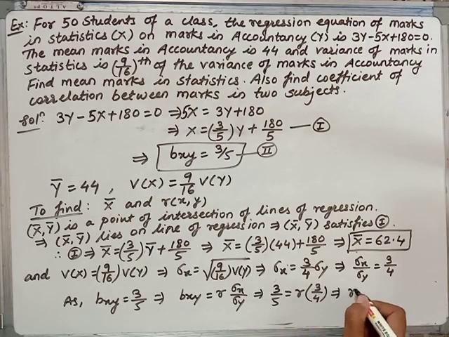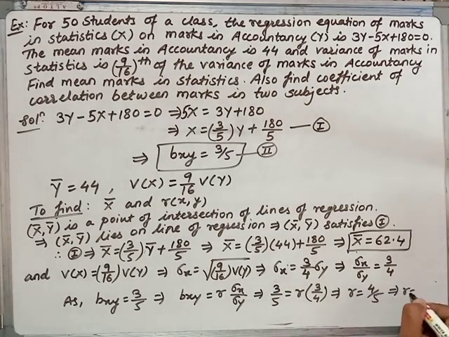So that gives r is 4 by 5, and that r is 0.8. This is the solution here. Now this is the completion of linear regression. In the next video we will start non-linear regression. Thank you.